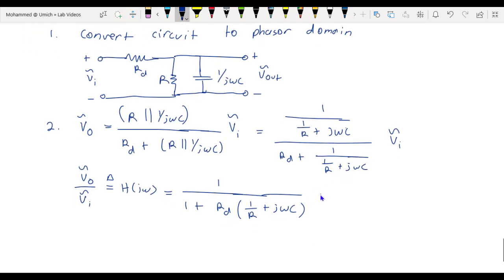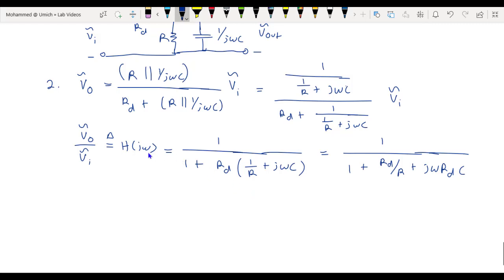And if I expand this out, I'm left with a frequency response function of 1 over 1 plus R_D over R plus j omega R_D times C. Now, assuming that R_D is much less than R, this is equivalent to saying that the ratio R_D over R is much less than 1, which means that 1 plus R_D over R is approximately equal to 1.